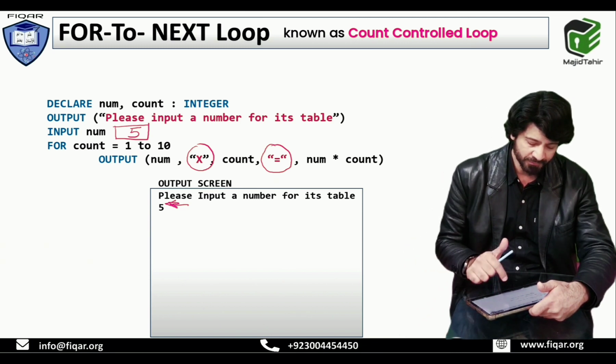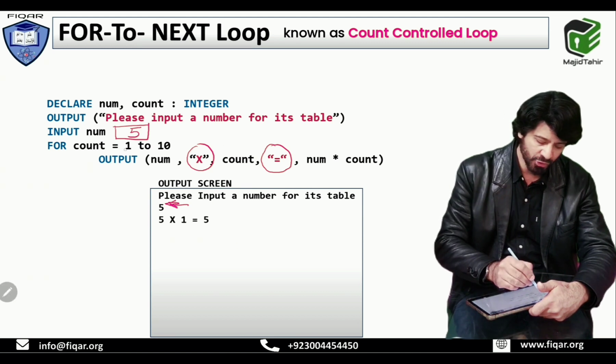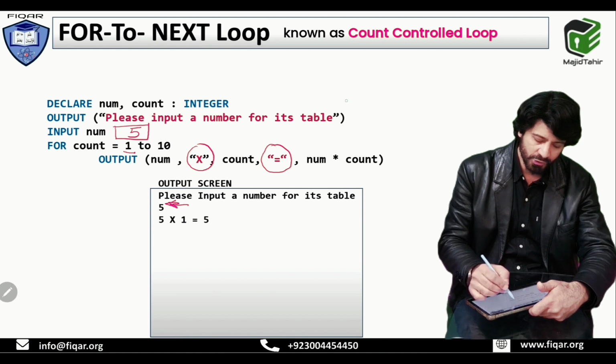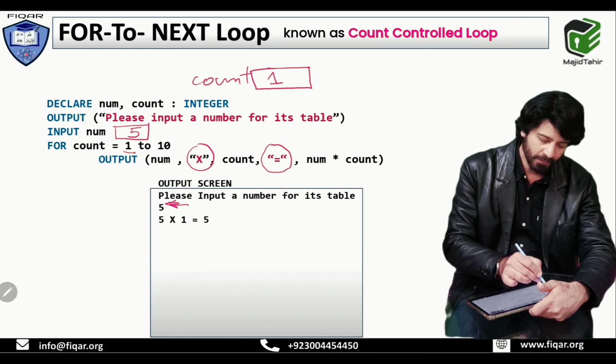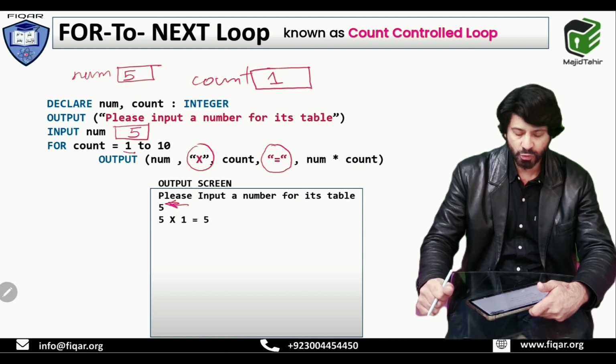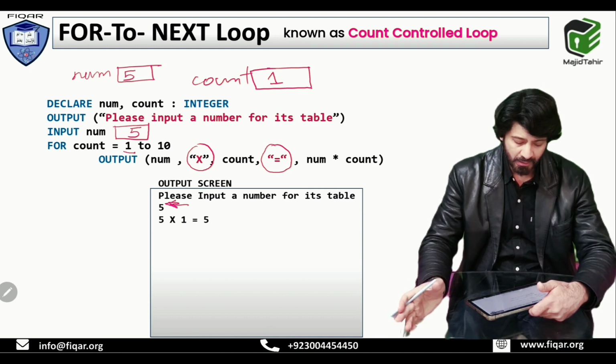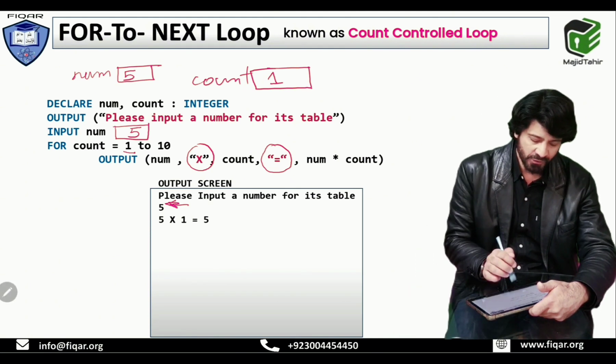So 5 times 1, because count was initially 1, count started from 1, so the variable count has started with 1. Num has the value 5 in it. So 5 times 1 equals to num into count is 5.